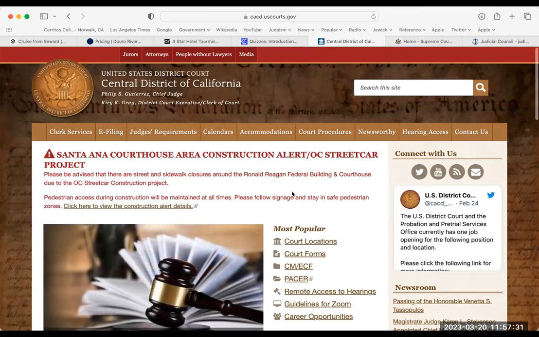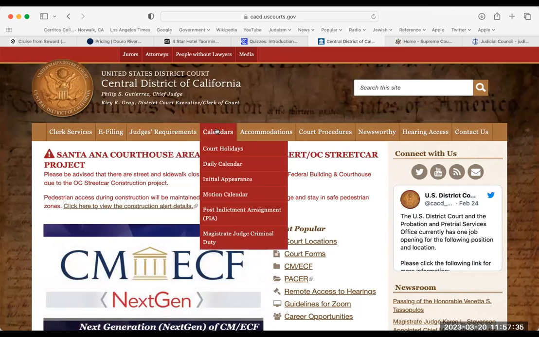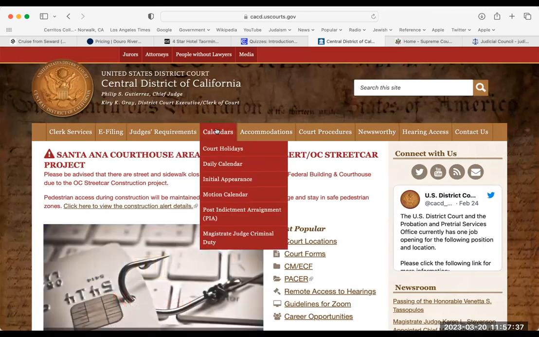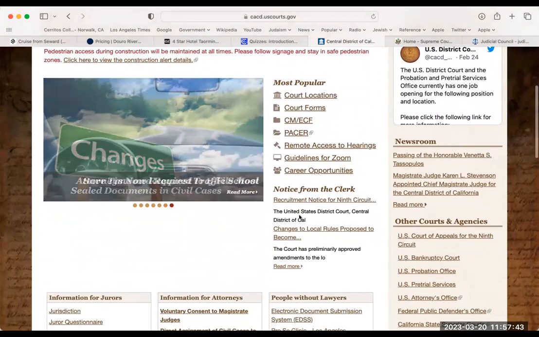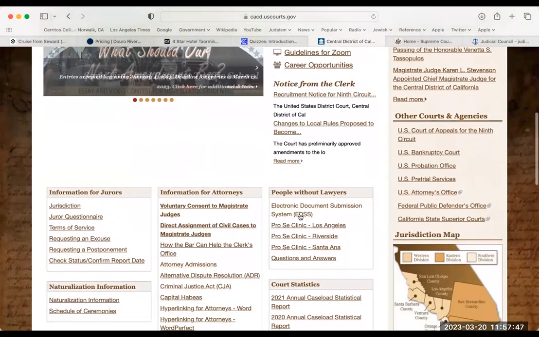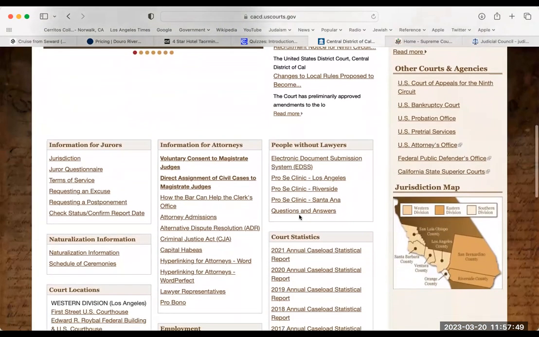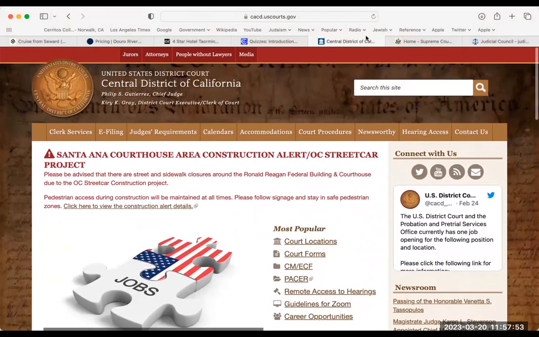You can learn things about different judges. You can find out about the court's calendars, what matters are on calendar, and various procedures. Again, a lot of information here. There's also links to various other websites. And again, you can spend hours and hours going through this.